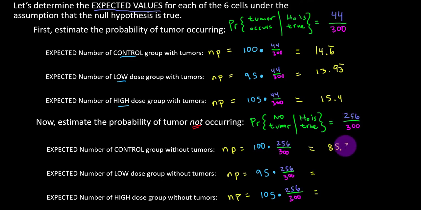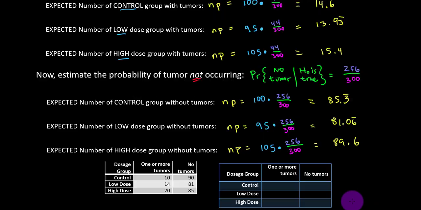Okay, so calculating these expected values now is going to allow us to create the test statistic. Because this is a chi-square test, we need to compare the observed number of individuals in each of these categories.